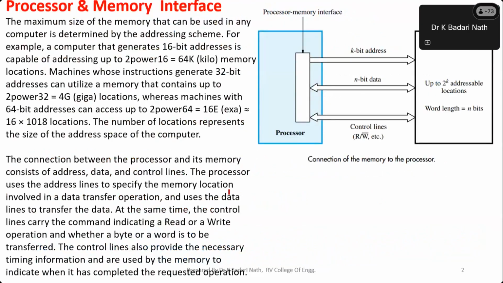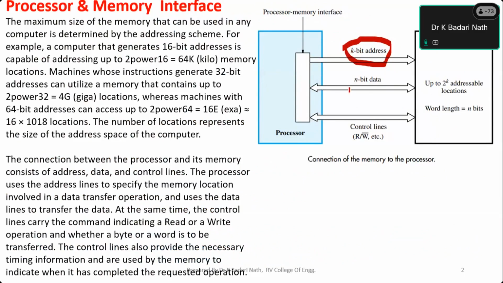Look at the connection between the processor and the memory. The address of k bits decides how much memory you can have in your system; that is, 2 to the power of k is the size of the memory. Whenever the processor wants to read or write memory, first it has to put the address on this bus.